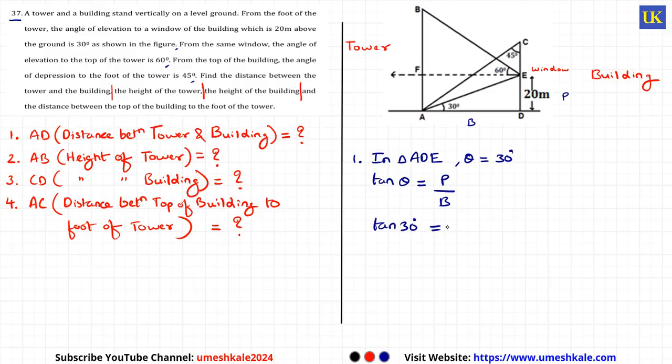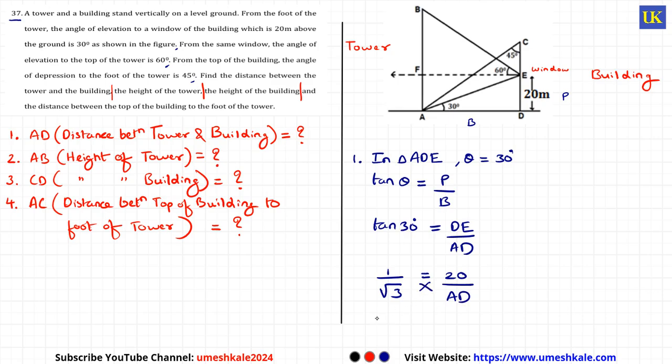So tan 30 is equal to perpendicular, which is DE, and base is AD. And we need to know the value of tan 30, which is 1 upon root 3, equal to DE, which is 20, upon AD, which we have to find out.